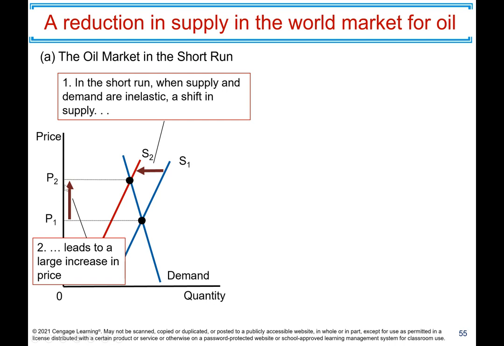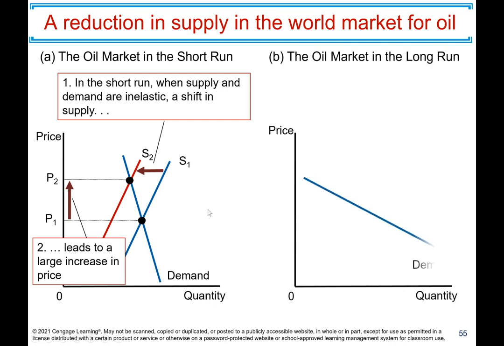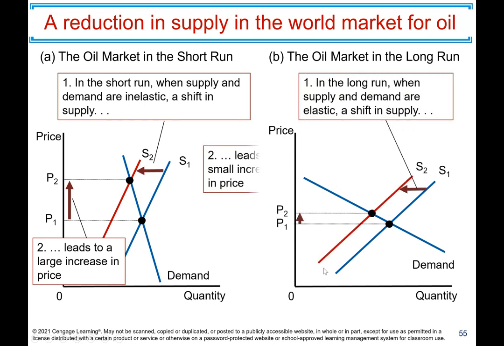Price goes from P1 to P2. Number B, the oil market in the long run, when both demand and supply are elastic. A left shift in supply leads to a small increase in price.